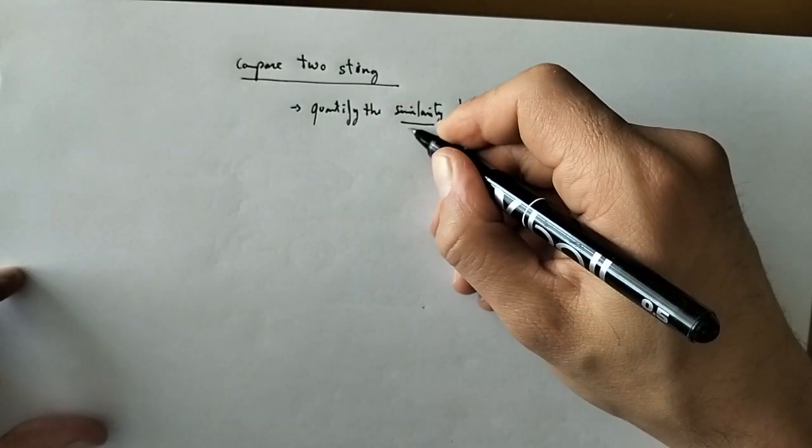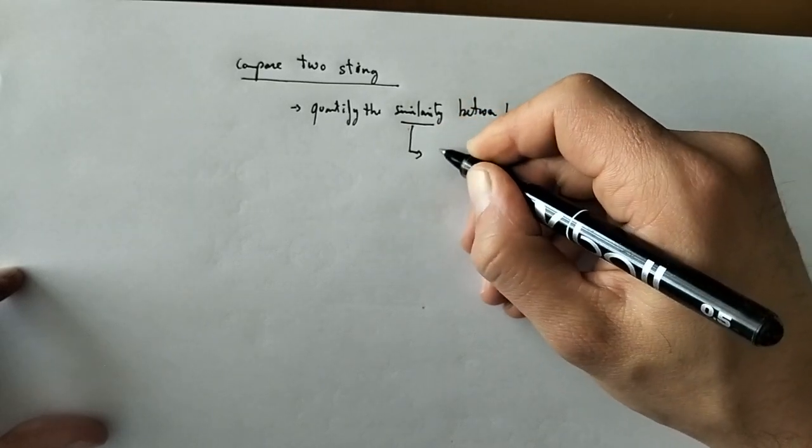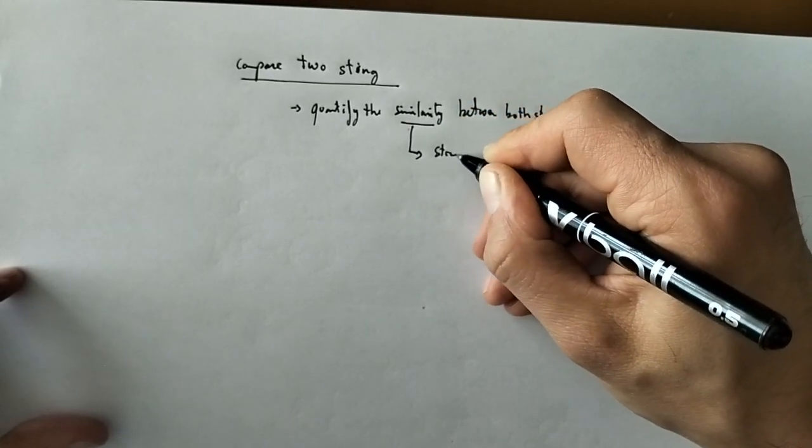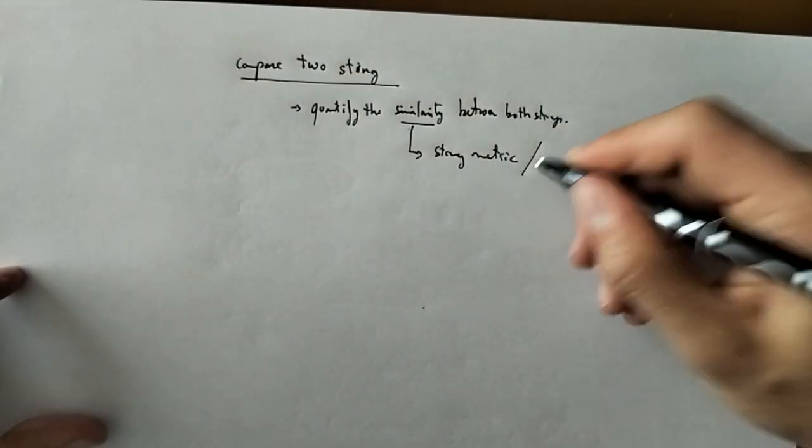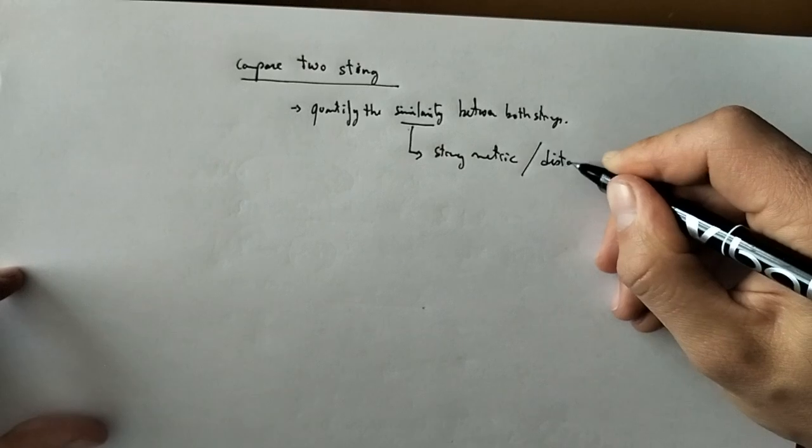And by similarity, we mean that we will need to define some kind of string metric or some kind of distance function.